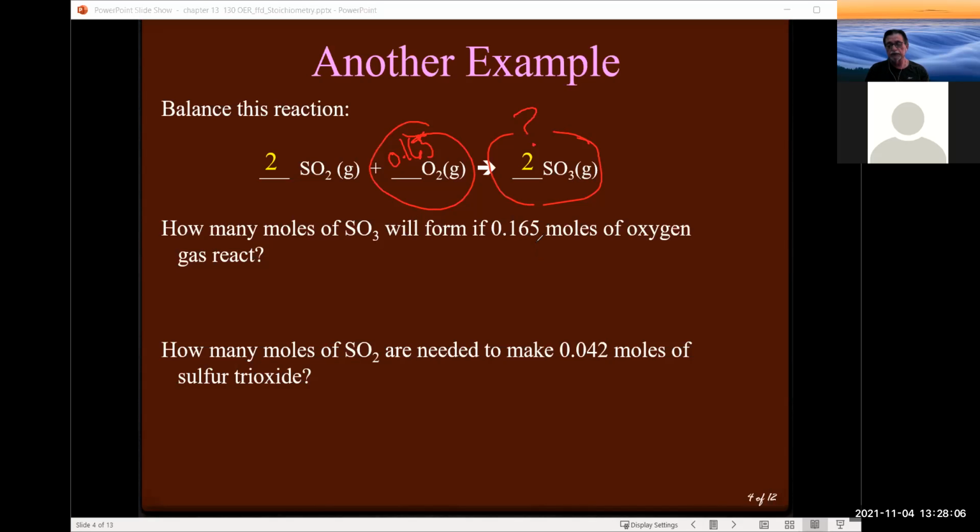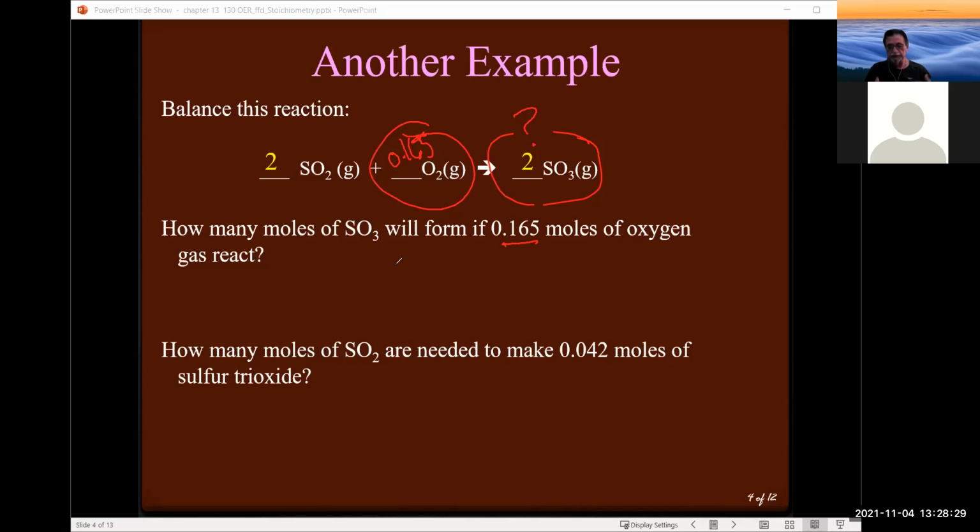Notice we're using small numbers here. Before we were using nice, big whole numbers, but that ratio is the same, whether we're using big whole numbers or numbers much less than 1. The stoichiometry does not change from the balanced chemical equation.